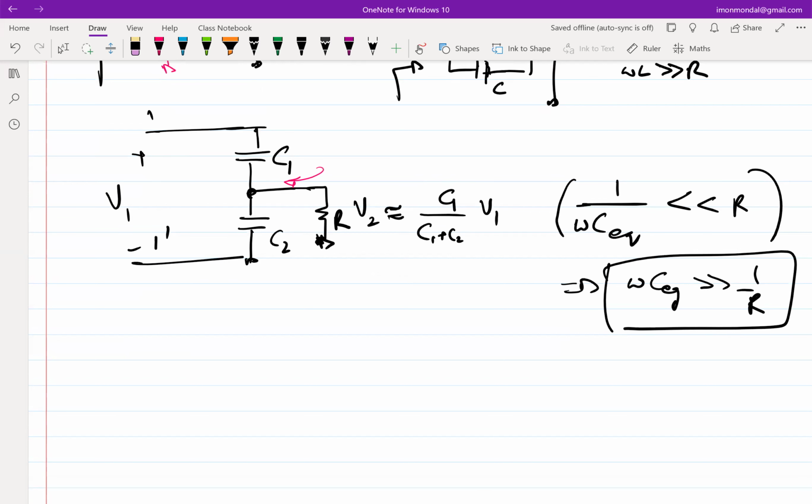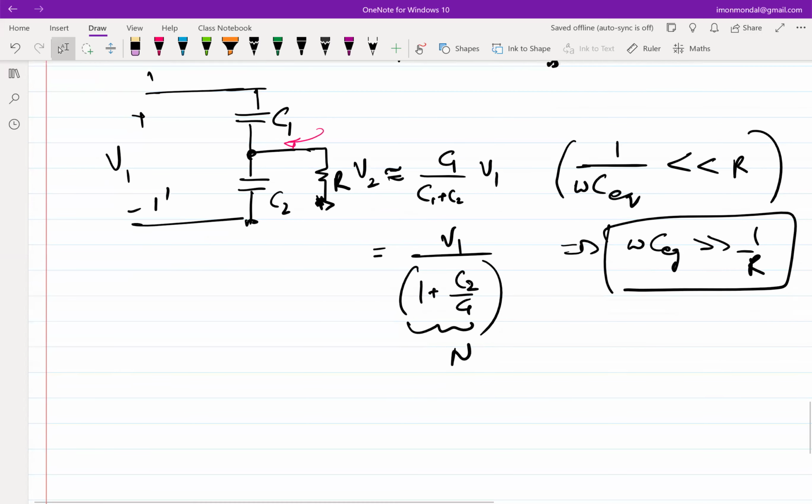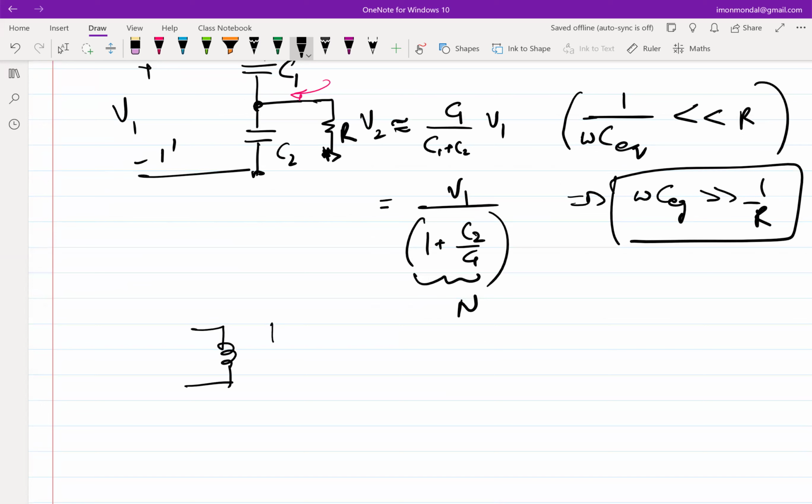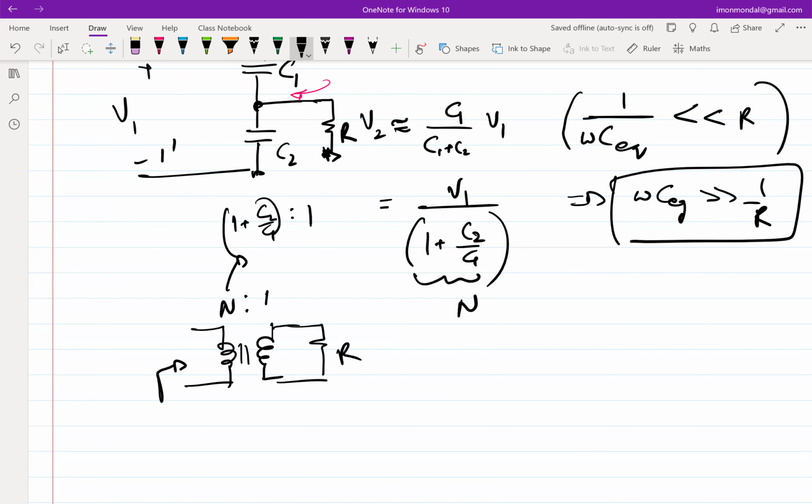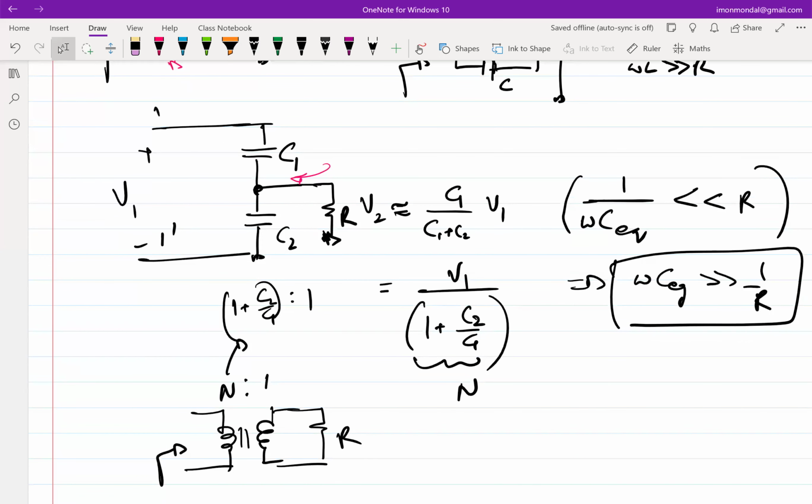Or rather, if I express it like this, V1 becomes V1 times 1 plus C2 over C1, and I say this is equal to, let's say, N. So effectively, this should behave like a transformer, which is N is to 1, where N is 1 plus C2 by C1.